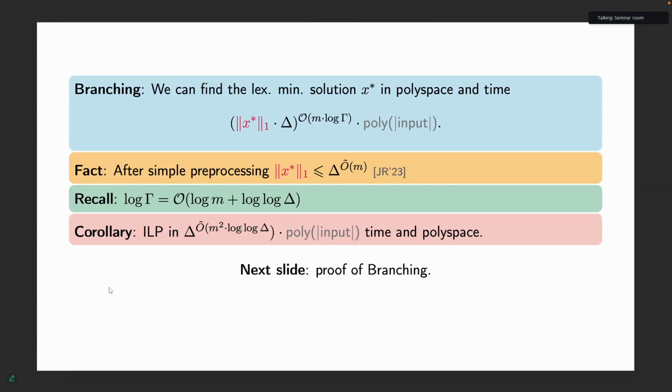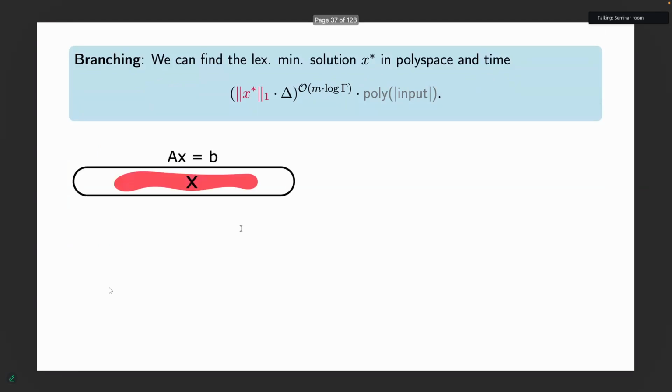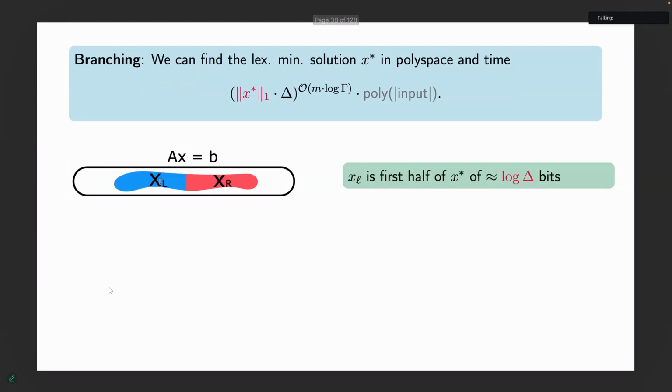Any questions? What remains is to prove this branching bound. That's what we want to prove now, and that's basically the only trick in the paper. So you have some solution to your ILP with Ax equals b. It has some support. It looks like this. I will split it into the first half of the bits of the support and the second half of the bits of the support.